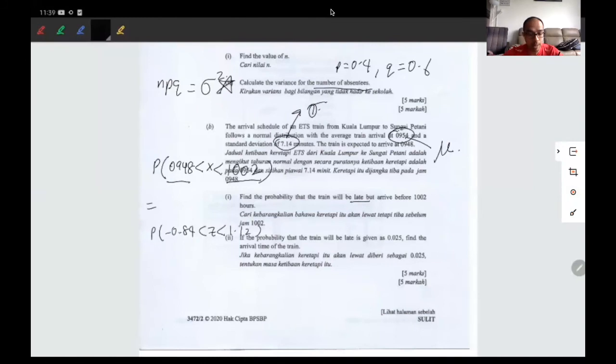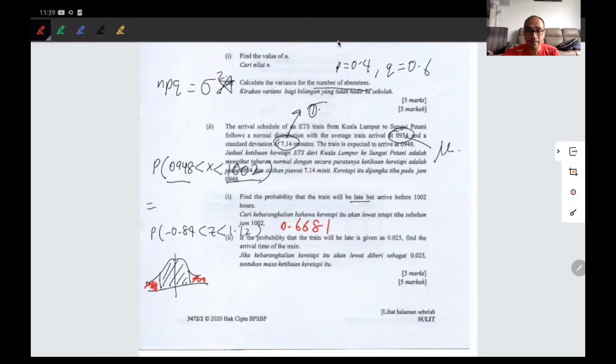This probability is very easily counted. Negative 0.84 is here, 1.12 is here, you want to count this area. So it's 1 minus this side and this side. So find that, and the final answer is 0.6681. I'm obviously rushing because I still have 2 more questions to go.